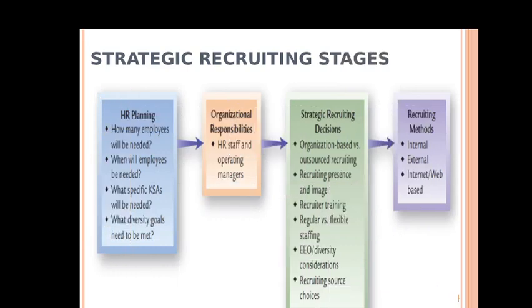This one is the strategic recruiting stages. So there is HR planning, then organizational responsibilities, then strategic recruiting decisions, and then the methods. Generally, recruiting decisions dictate not only the kinds and numbers of applicants, but also how difficult or successful recruiting efforts are.